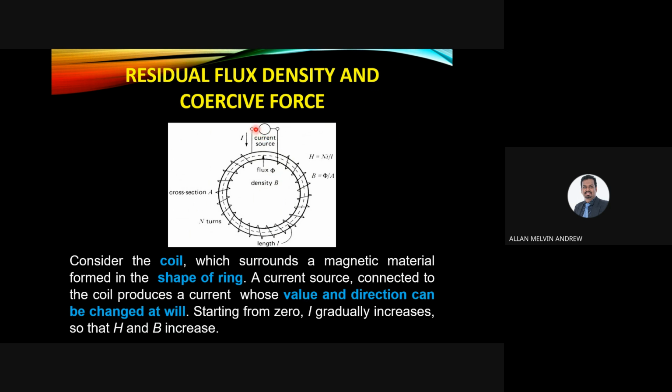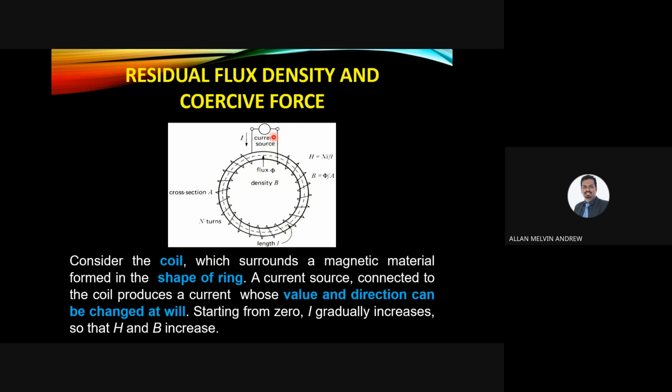It will be connected to the current source, and you can see some wires. It will be in a ring shape, and all the wires will be around the ring.